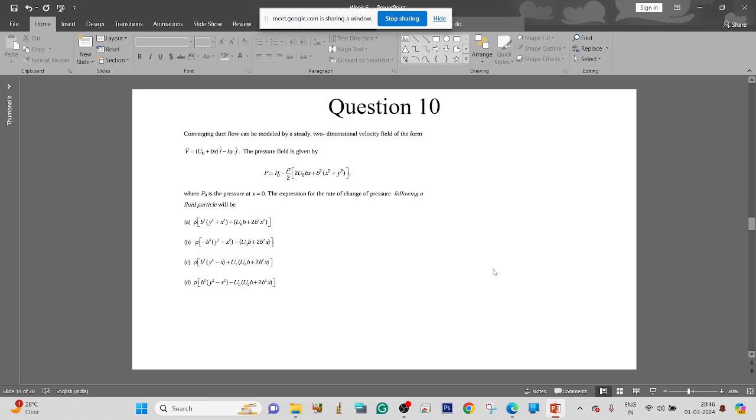Okay, so converging duct flow can be modeled by a steady two-dimensional velocity field in the form as given. The pressure field is given by this equation, where P naught is the pressure at x equal to 0, and the expression for the rate of change of pressure following a fluid particle will be which of the following?